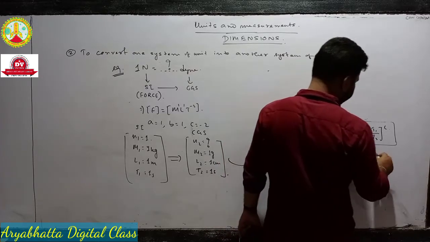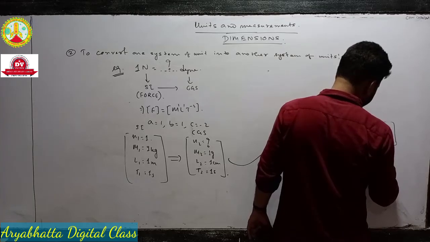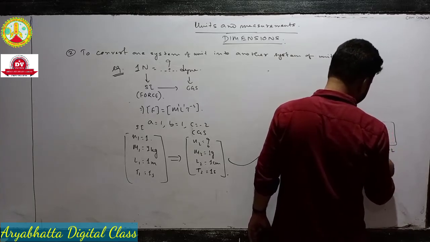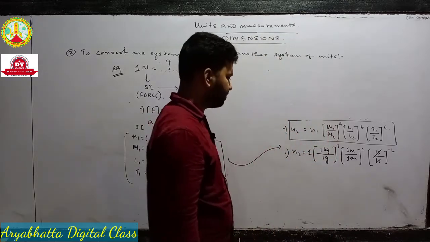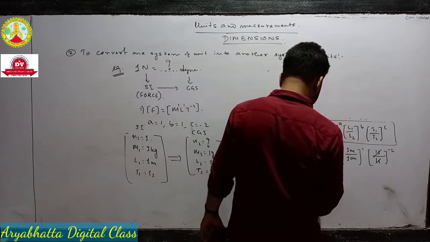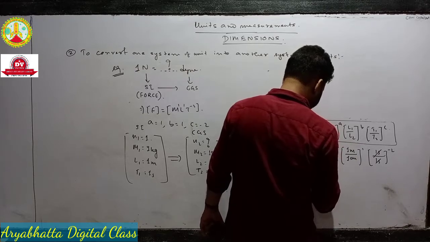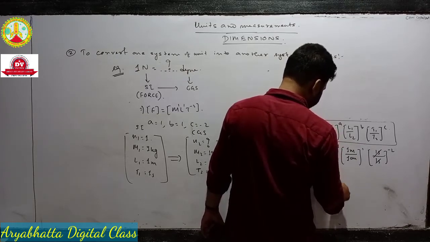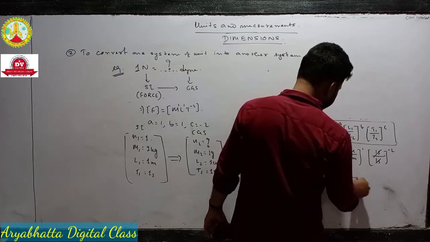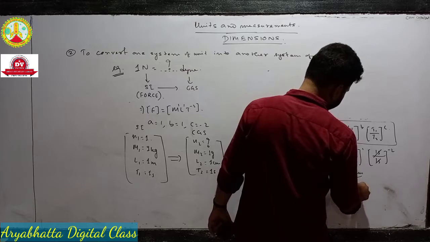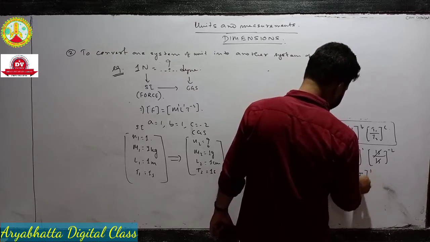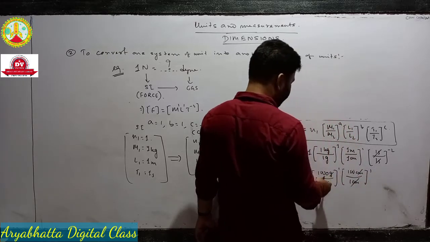Time is 1 second, and 1 second to the power minus 2 cancels. 1 kg is equal to how much gram? This is 1000 gram, so we write 1000 gram by 1 gram. Even though 1 has no effect, still write it. 1 meter is 100 centimeter by 1 centimeter to the power 1. Centimeter cancels, gram cancels.